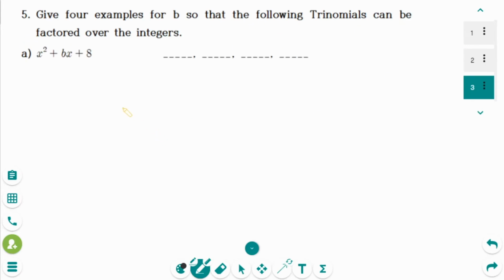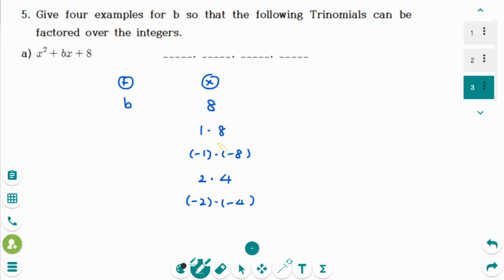This is number 5. Find the two numbers that have a sum of b and the product of 8. 8 can be rewritten as 1 times 8 or minus 1 times minus 8, and 2 times 4 or minus 2 times minus 4.